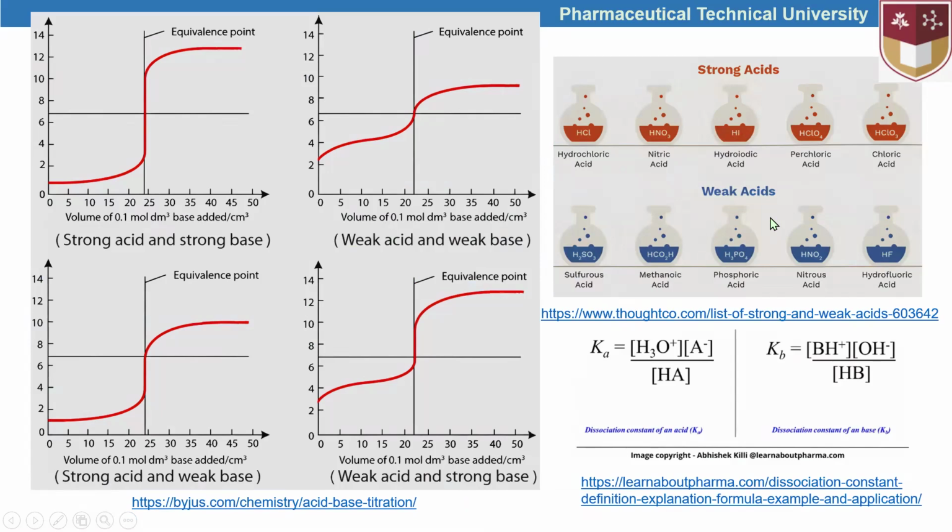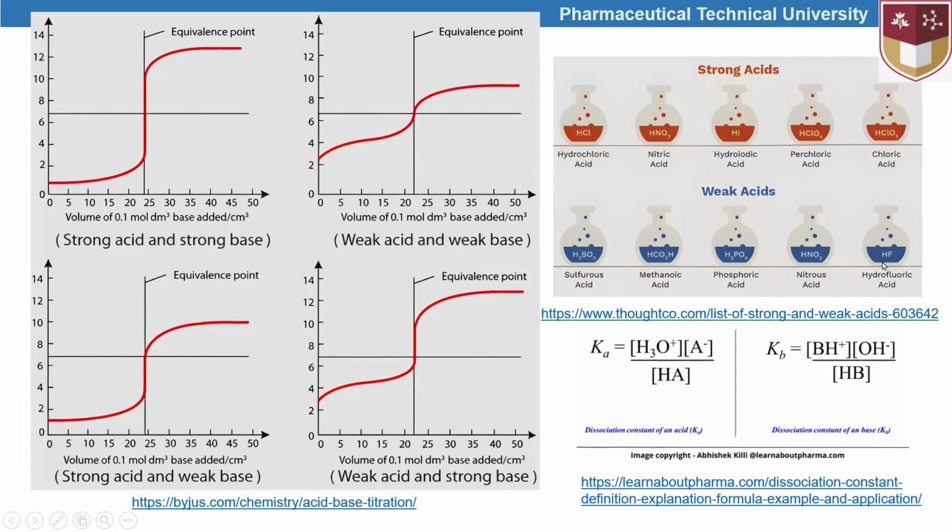And here we can see some more examples of strong acids and weak acids, as shown here. Phosphoric acid, for example, is a weak acid. Nitrous acid is a weak acid. Hydrochloric acid is a strong acid. And I would like to highlight that hydrochloric, hydrobromic, and hydroiodic acids are strong acids, but not hydrofluoric acid.